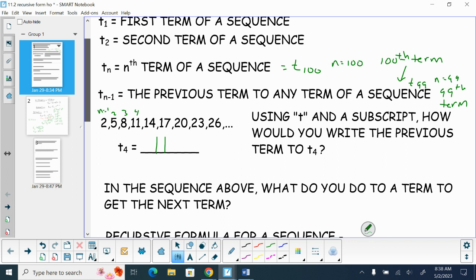Term 3, which would be T3. Or we can write this as T4 minus 1 to give us T3. So I could subtract 1 from a term number to get to my previous term.